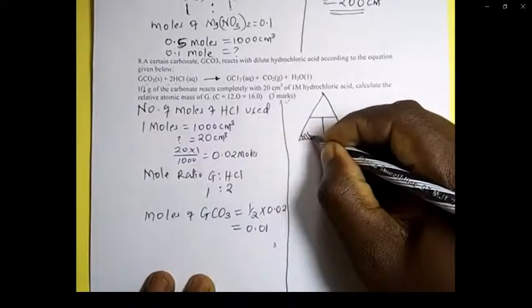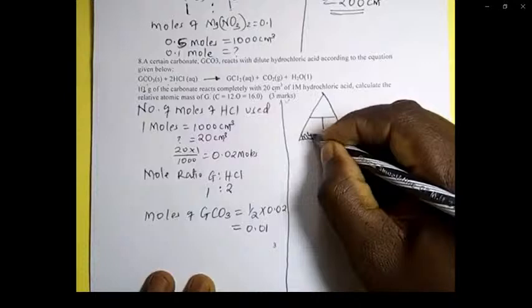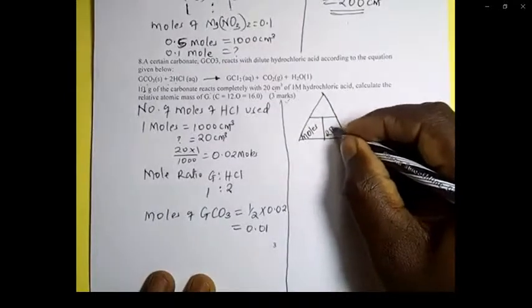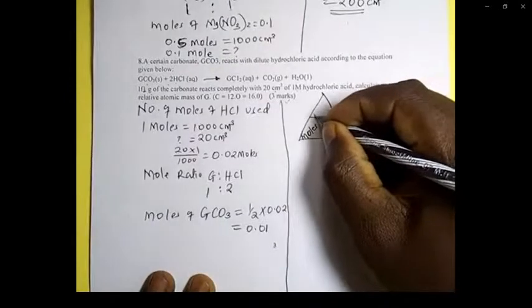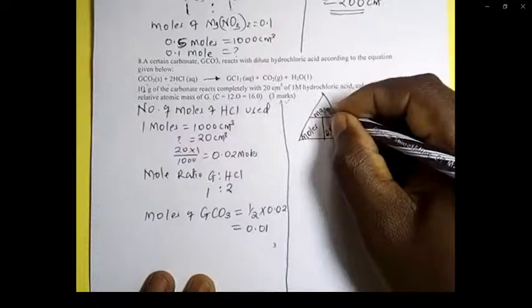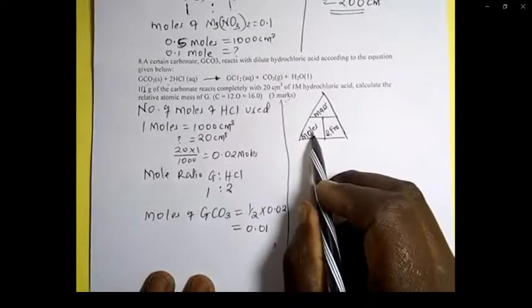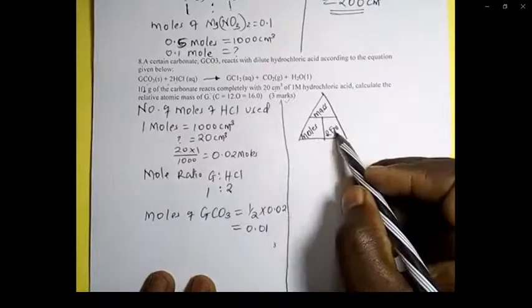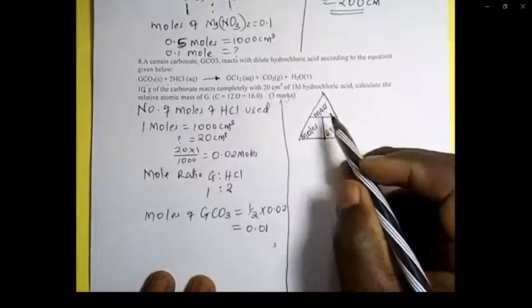When we have moles, RFM and mass, now we have the number of moles of the G carbonate. We want the RFM, and we have the mass, right?